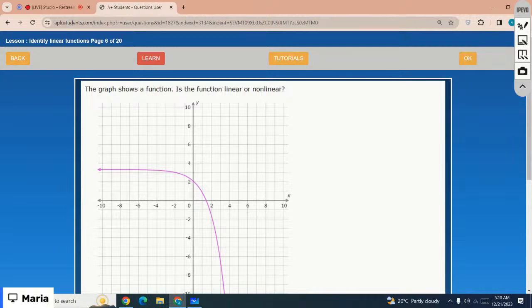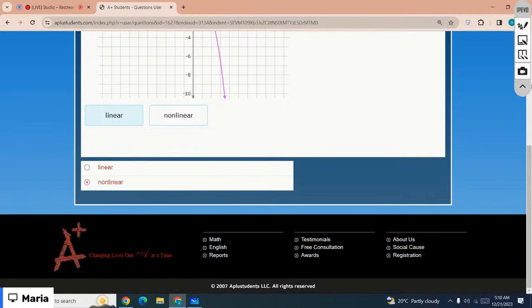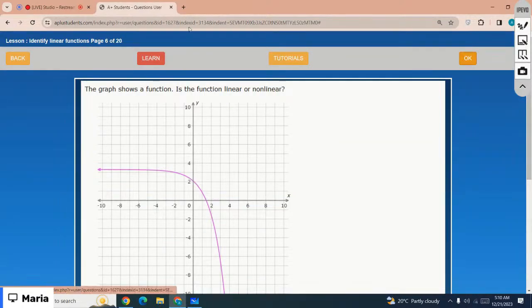Okay, the graph shows a function. Is the function linear or non-linear? Which is the correct option? Yes, that is a non-linear function. The correct option is non-linear. You can complete the lesson by yourself later today. Let me move on to the next lesson.